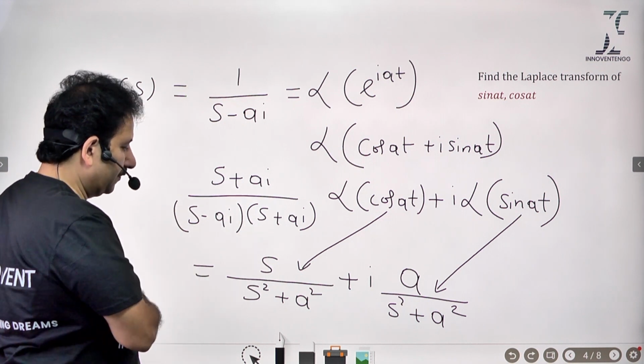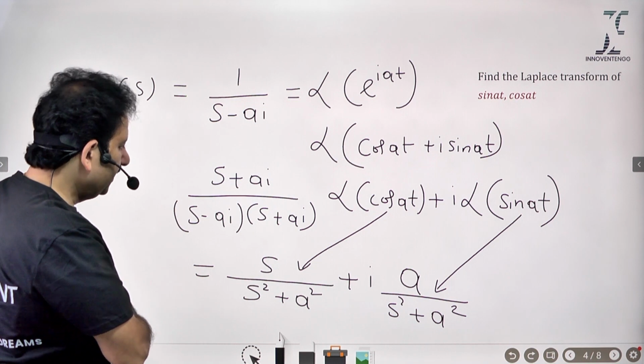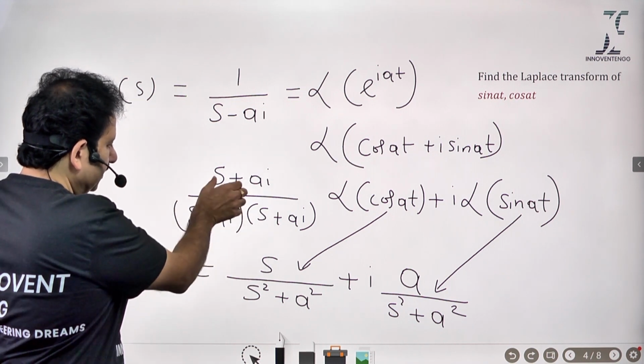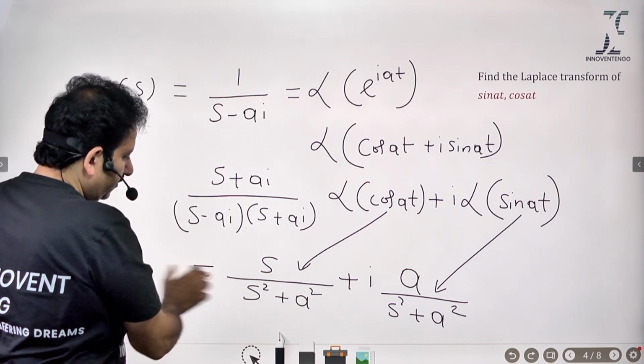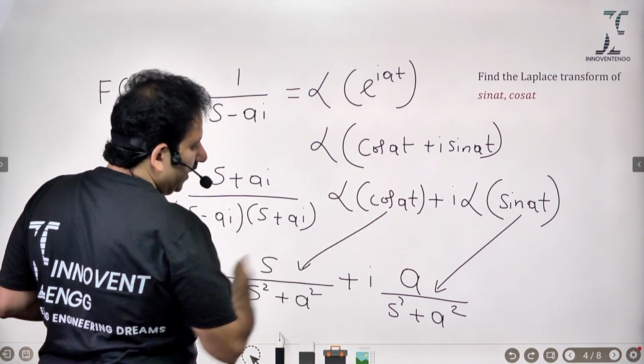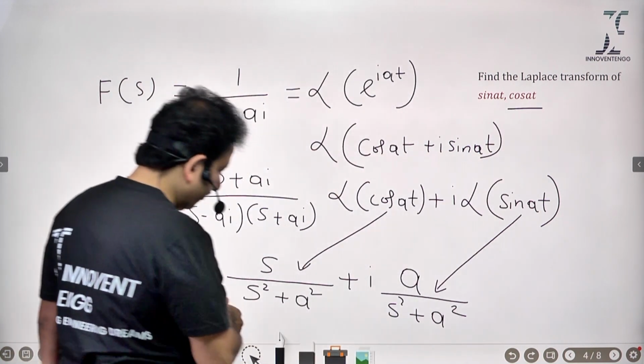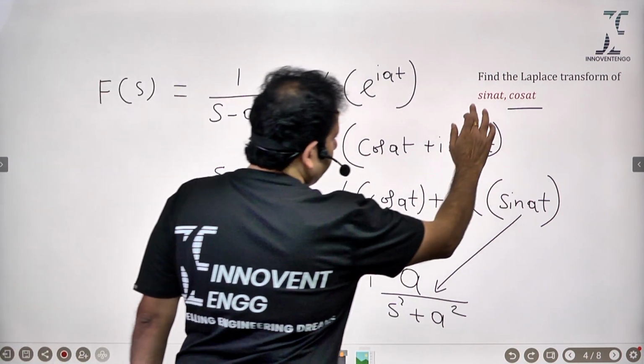And you know, when you multiply a complex number by its conjugate, it turns out to be a real number. And then when I divided the numerator s by the denominator and a by the denominator, of course i comes, and when I compared, I got the Laplace transform of cos at first and the Laplace transform of sin at.